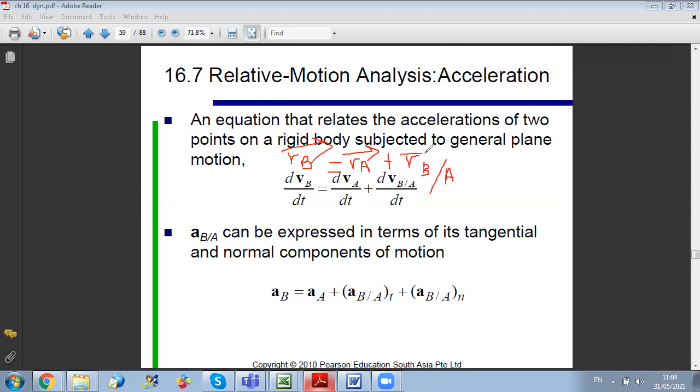And now, when we derive this relation a first time with respect to time, we get a relation between velocities. And when we derive it again, we get a relation between accelerations. Okay?